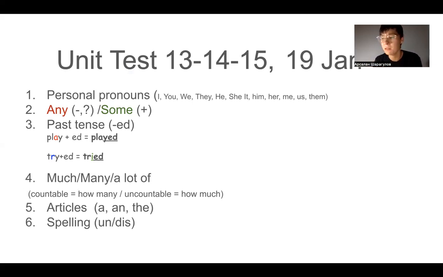Can be Samsung, can be Motorola, can be iPhone. Just give me any phone. I need to make a phone call. It's very urgent. Give me any phone. Give me a phone, okay? It's not specific. So I use a phone. Phone starts with a consonant, P, a phone.